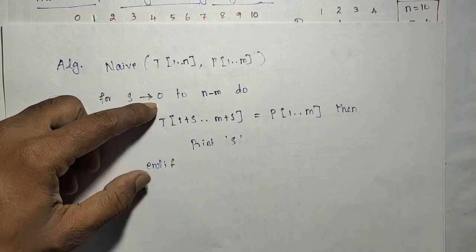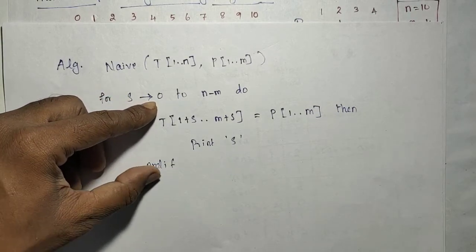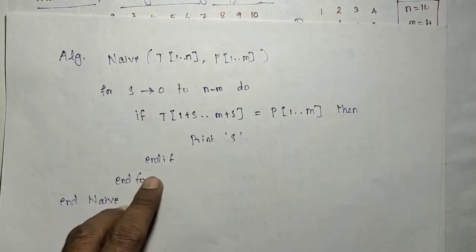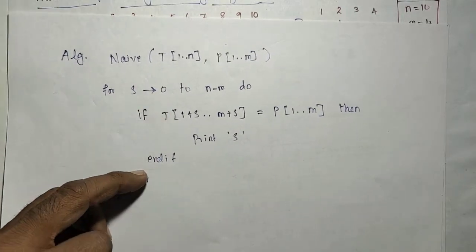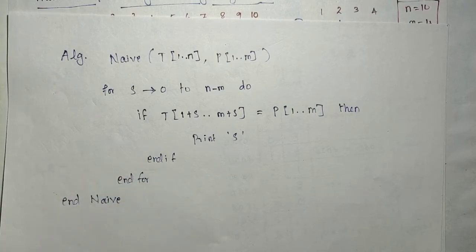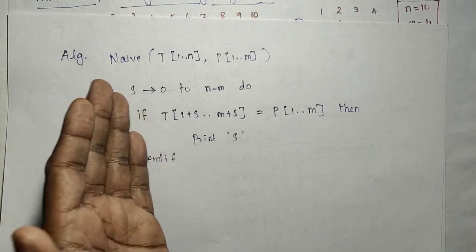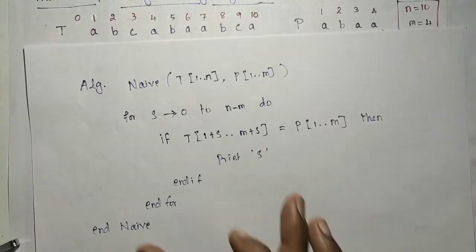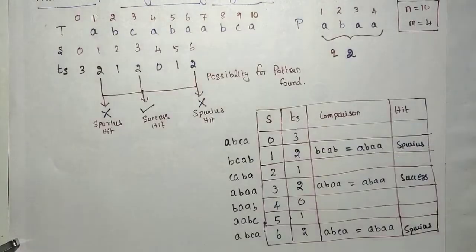When s equal to 0, Ts plus 1 will be calculated here. Similarly, s equal to 1, T2 will be calculated here. Like that we are going to design it so that for the next iteration the Ts will be ready. So we can easily compare the Ts with P. Like that we are going to modify this algorithm.